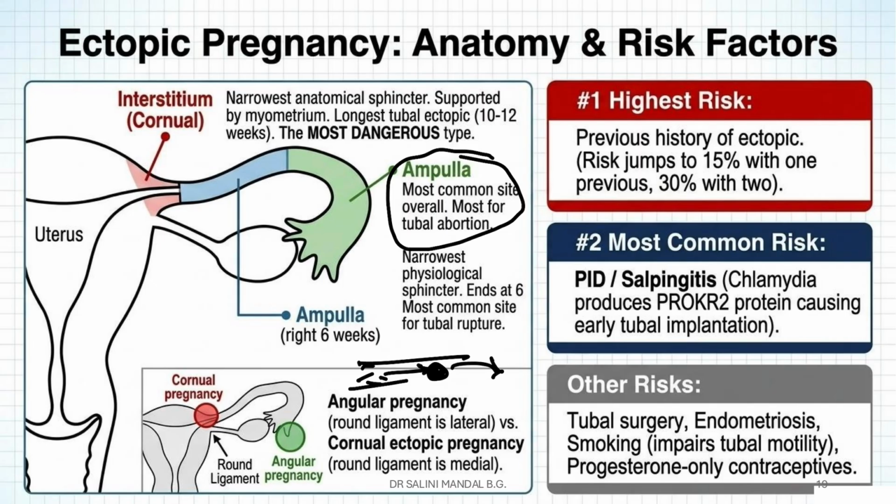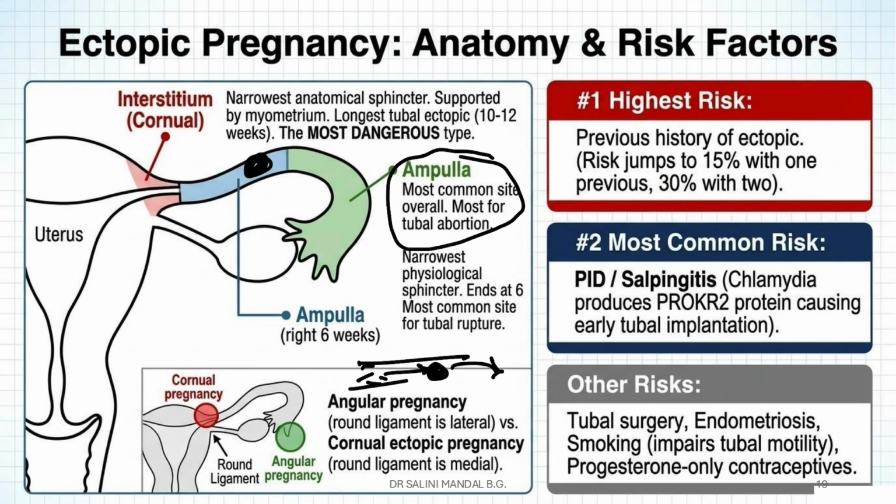So there can be a chance that the implantation takes place inside the fallopian tube itself. So the fallopian tube is the most common part where an ectopic pregnancy takes place. Okay, so apart from that, remember, ectopic pregnancy in the tube is the most dangerous type.